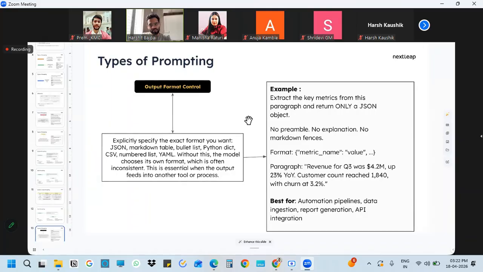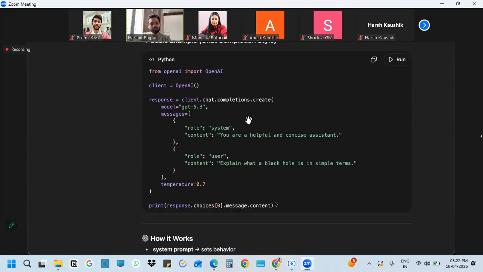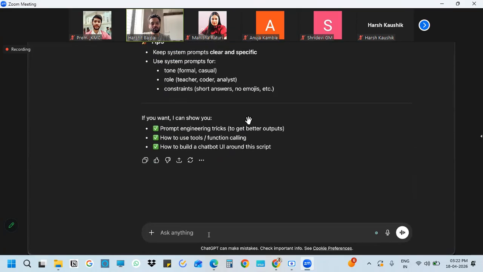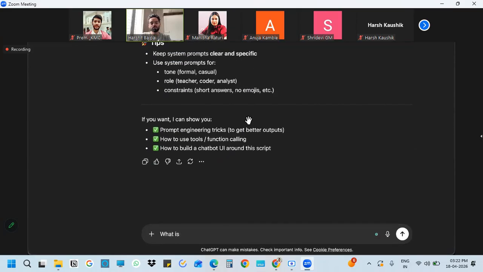You can go to ChatGPT, maybe try putting it out here: what is the difference between system prompting, role prompting, and user prompting. You will understand better. Now, in general, across your learning curve, use GPT for your learning.